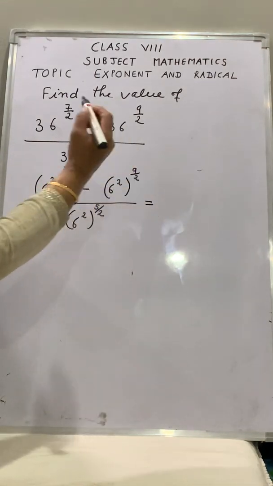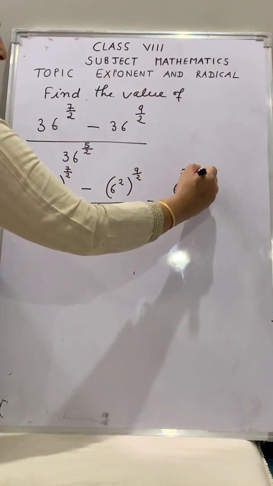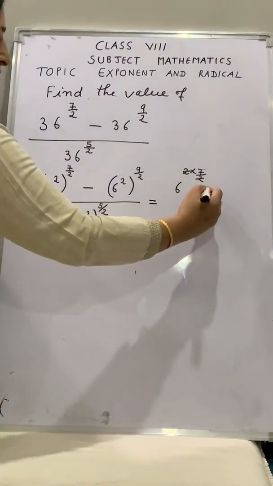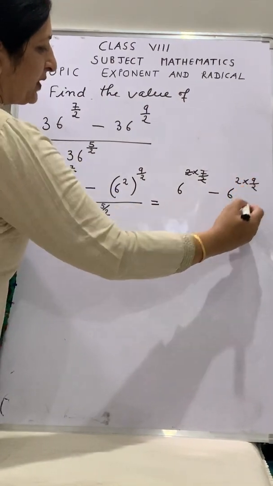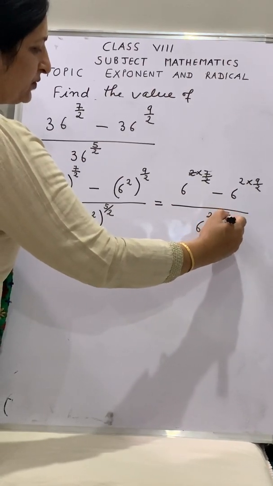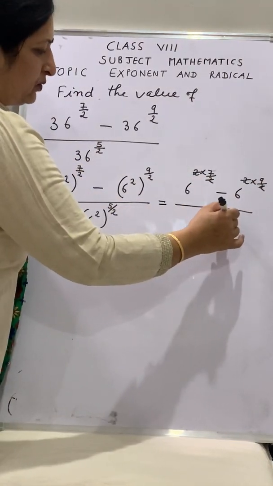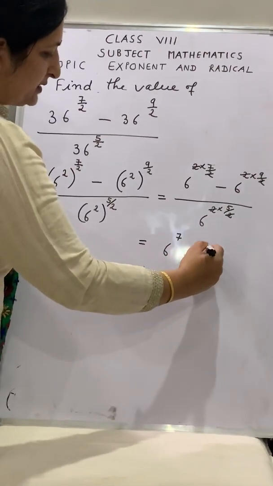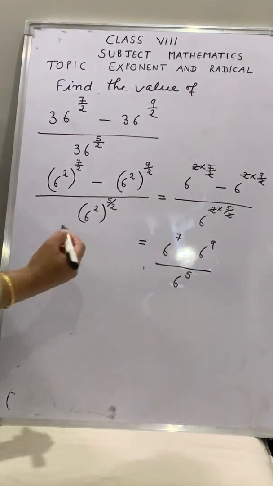You will apply here the law of exponent. Multiply by 7. Now you will cut, 2 will cut. 6 raised to power 2 multiplied by 9 by 2 divided by 6 raised to power 2 multiplied by 5 by 2. Now 2 cancels with 2, 2 cancels with 2. Next step is 6 raised to power 7 minus 6 raised to power 9 divided by 6 raised to power 5 here.